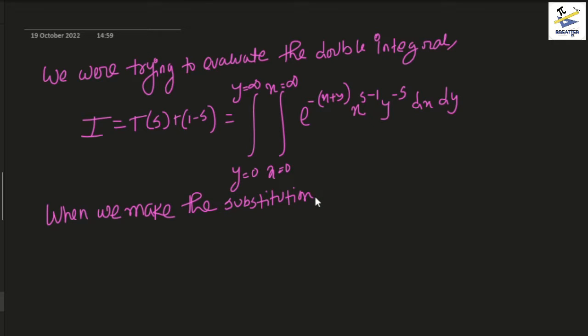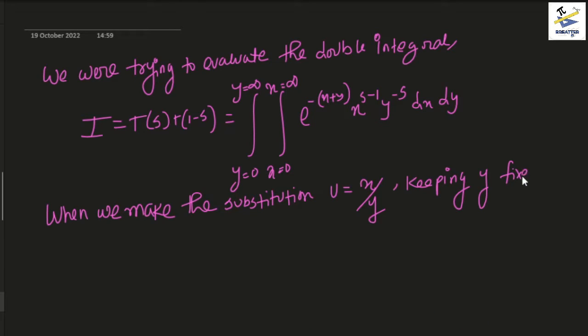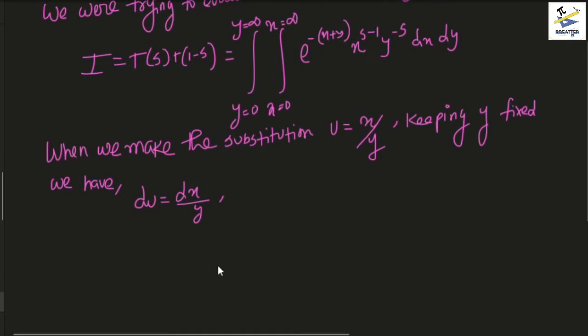So when we make the substitution u equals x by y, keeping y fixed, we have du equals dx by y, and the integral turns into something like this.